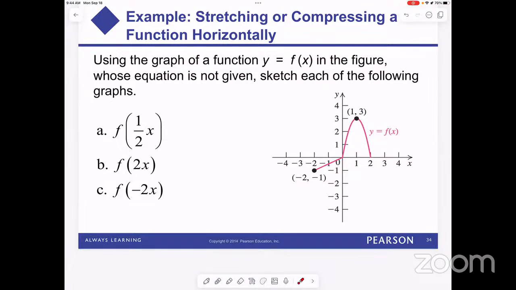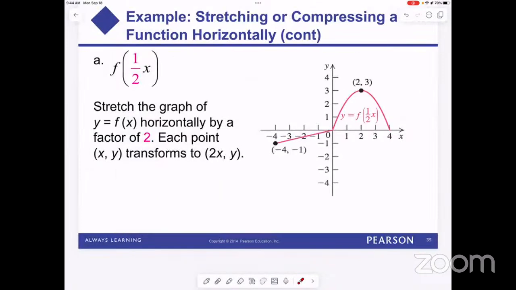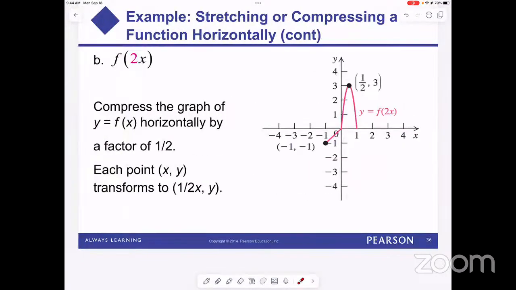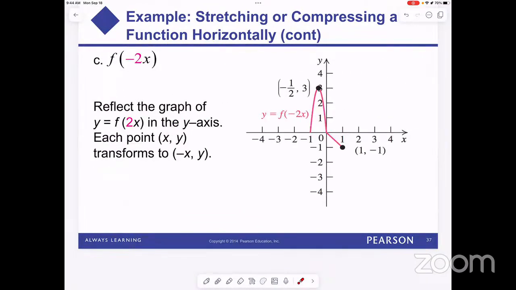So it should be B, but flipped horizontally over the y-axis, all right? So a horizontal stretch for part A. Horizontal compression for part B. And then C is going to be this graph, but flipped horizontally. So we flip over the y-axis, okay?